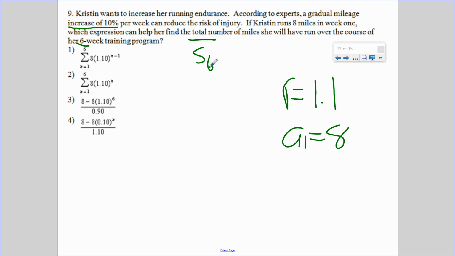So choices 1 and 2 are in summation form, and choices 3 and 4 are in explicit form. I'm going to need you to do both. Let's start with explicit.